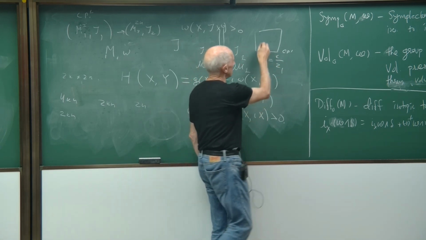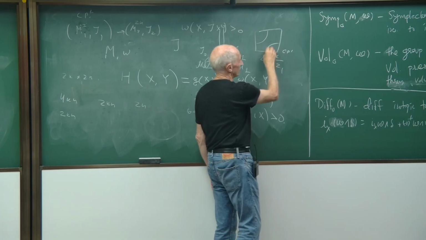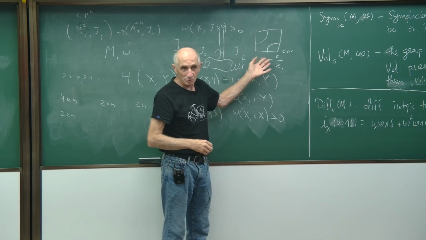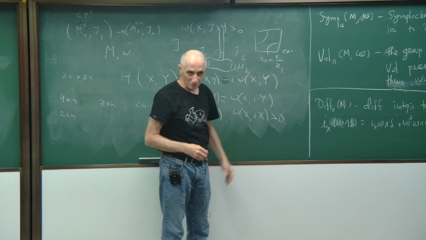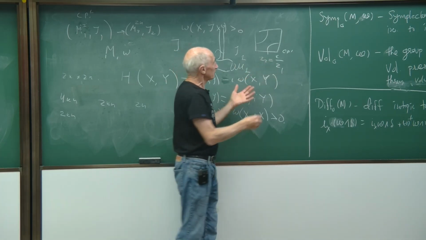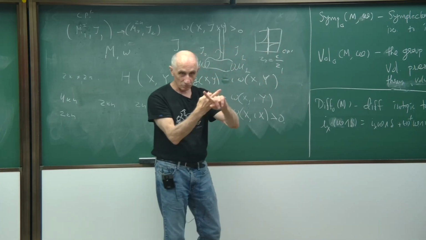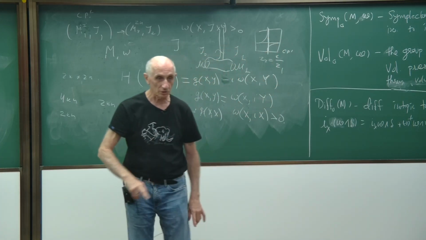And then when epsilon goes to 0, it looks like something bad happens. But in reality it converges to the split curve, what is called a nodal curve.